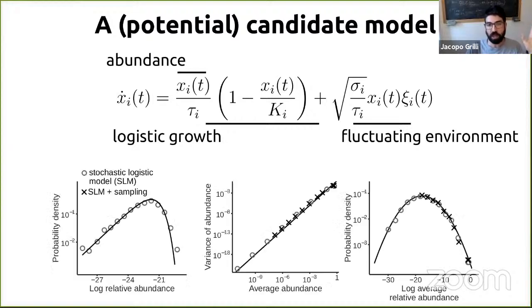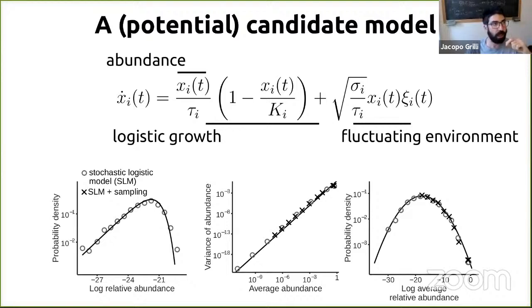This simple equation reproduces the gamma distribution as stationary distribution. And if the parameters are chosen opportunely, it also reproduces the other patterns. In particular, if the parameter sigma is constant, Taylor's law is recovered, and if the carrying capacity is log normally distributed, then you get a log normal distribution of average abundance.